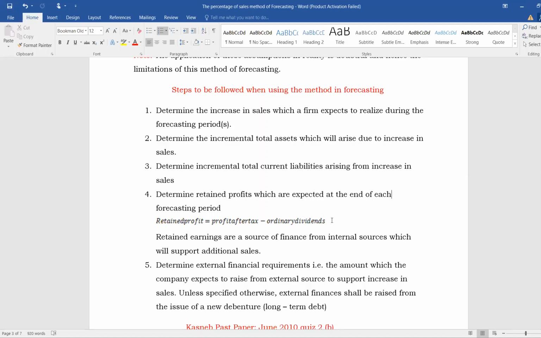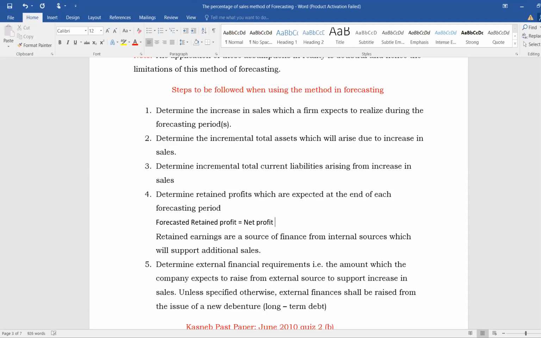How do we find this forecasted retained profit? Let me write it properly. Forecasted retained profit is a function of net profit after tax.